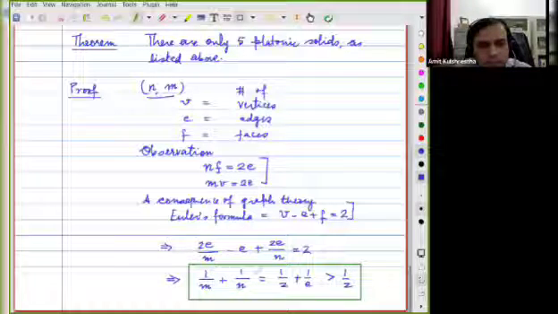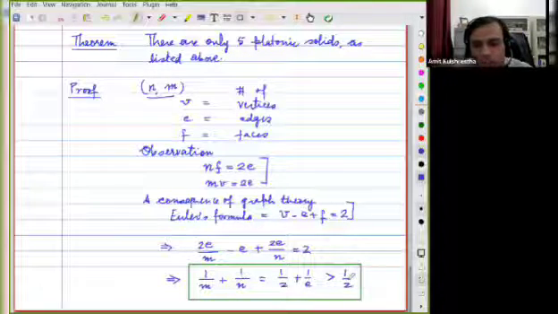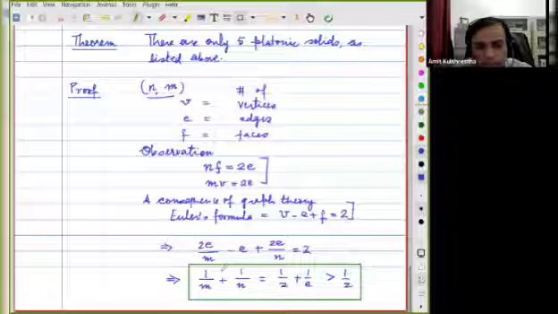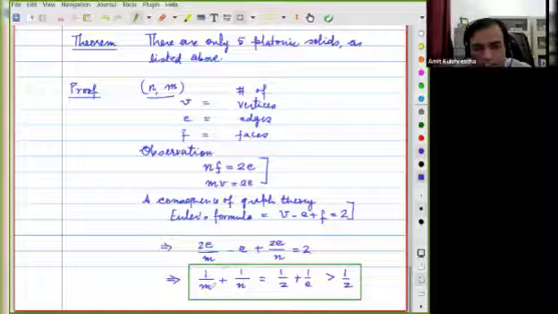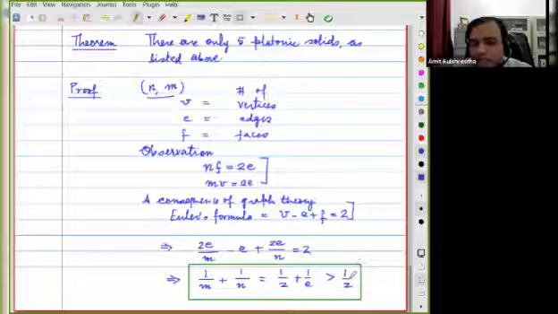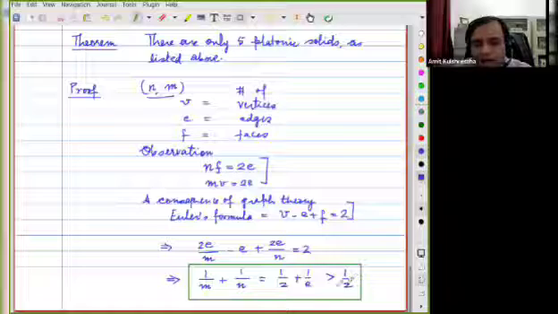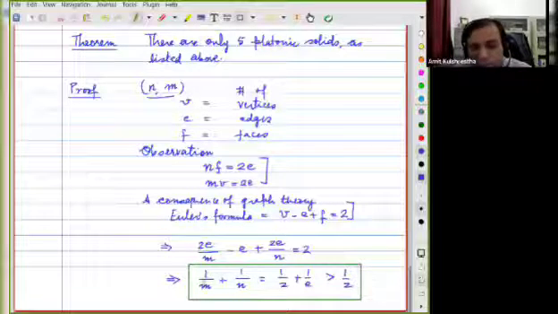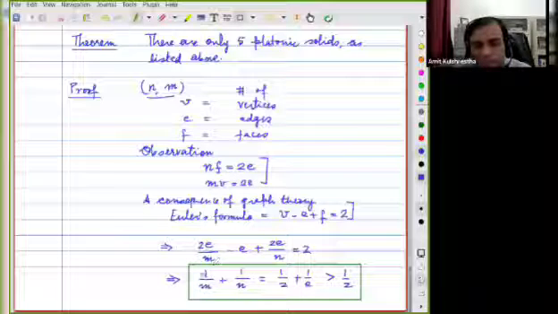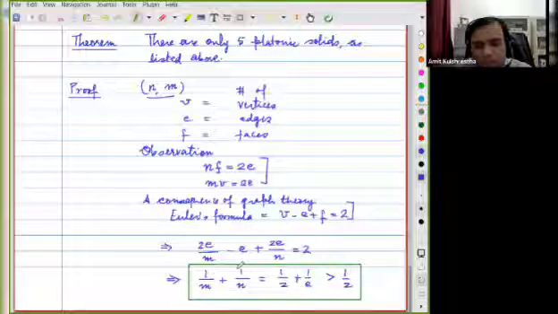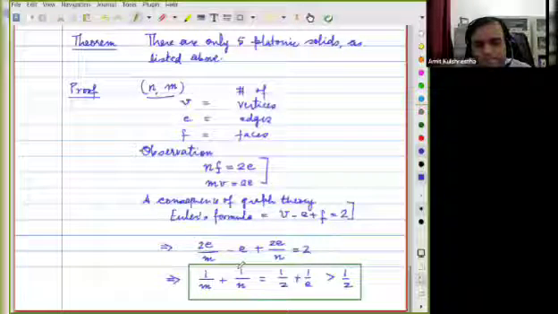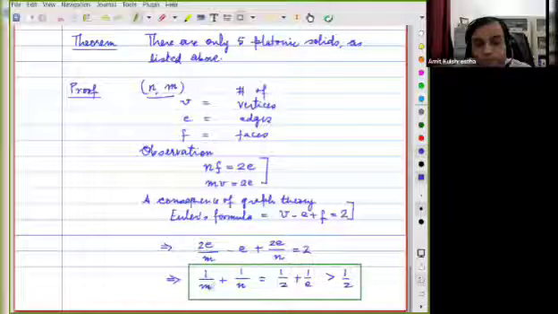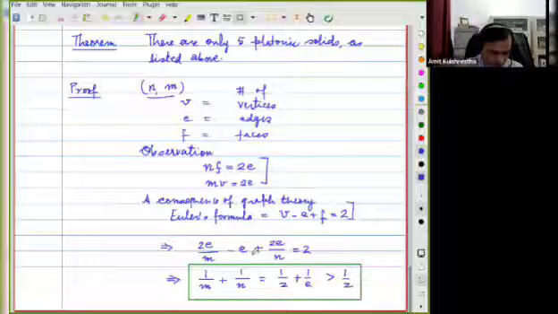But here we have a God-given condition that the sum of reciprocals of the numbers occurring in the Schläfli symbols cannot be too small. It has to maintain at least half, it has to go beyond half, and that puts an upper bound on these numbers. Is that point clear to us? So M and N cannot be too large.